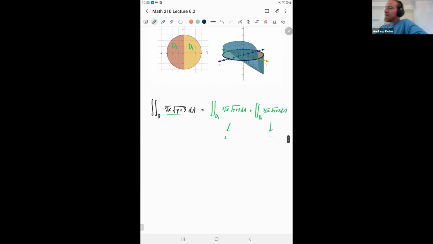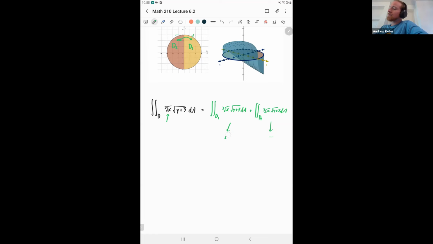What happens as we pass from region D1 to D2? Well, the values we plug into the x part, and notice that the rest of the expression only involves a y, but in the x part, the only thing that's changing if we flip over the y axis is that a plus sign becomes a negative sign. And because I'm taking a cube root rather than a square root or something like that, the negative sign will come out to the front.